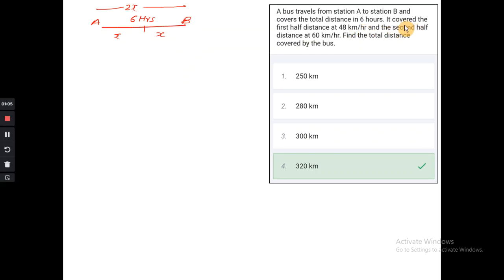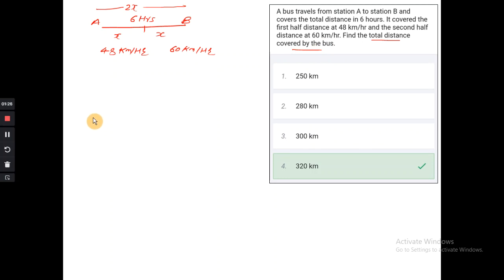Now it covered half distance at 48 kilometer per hour, and the next half at the 60 kilometer per hour. We have to find the total distance covered by the bus.